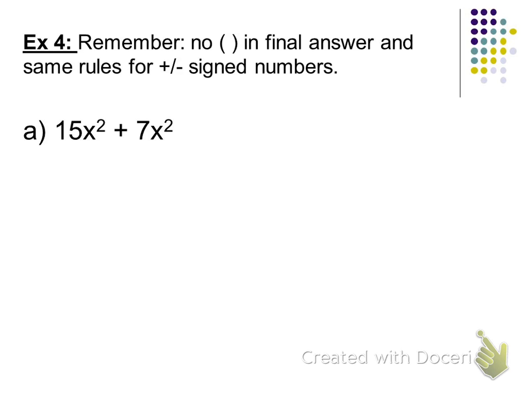When they're like terms, I like to underline them in the same way, just to show myself what they are. Yes, you should be writing this problem in your notes, next to example 4. Oh, because it just says simplify. No, you don't need to write that. That's just kind of a reminder. What is 15x squared plus 7x squared? 22x squared. Good.